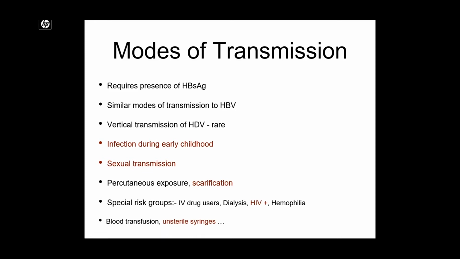There are special risk groups with higher risk, and we can see this in the different case control studies or the prevalence of antibodies in different groups. Those who have HIV infection have higher hepatitis delta, and multiple exposures to blood and also syringes are an important mode of transmission.